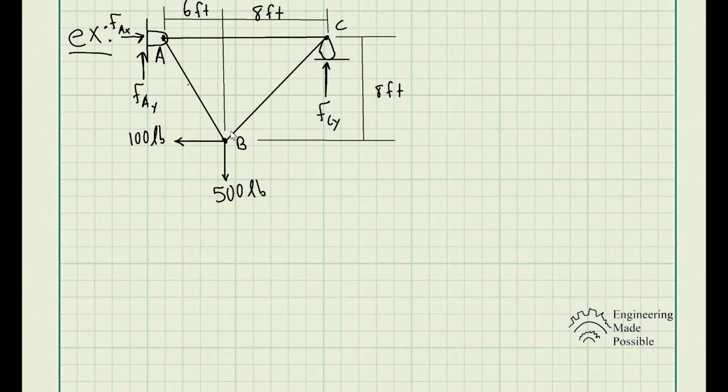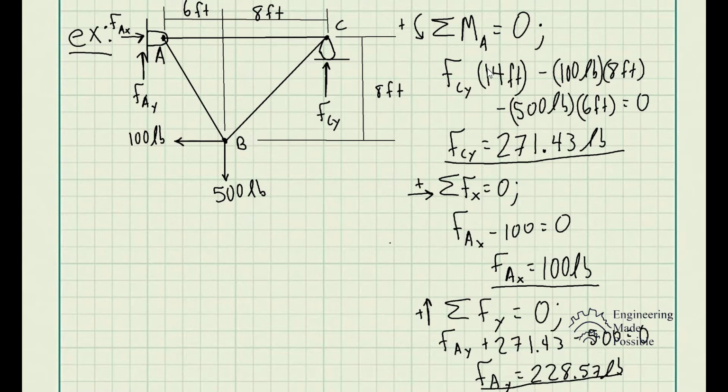So the first step, based off the external forces being applied on this truss, is to go ahead and solve for the reaction forces first. So, of course, for static equilibrium, we have the sum of moments, I'm choosing with respect to A, equals 0. So let's go ahead and do that.